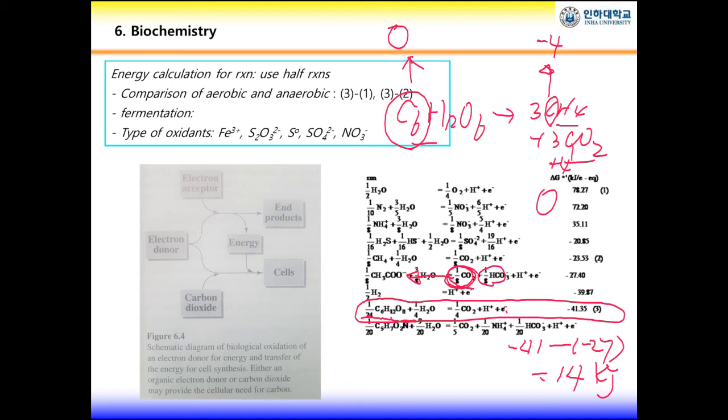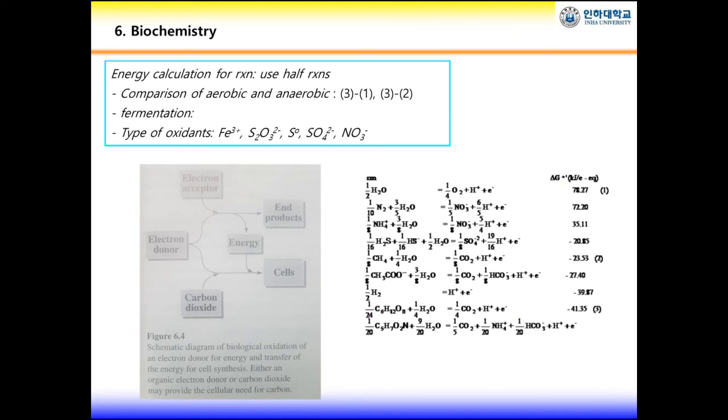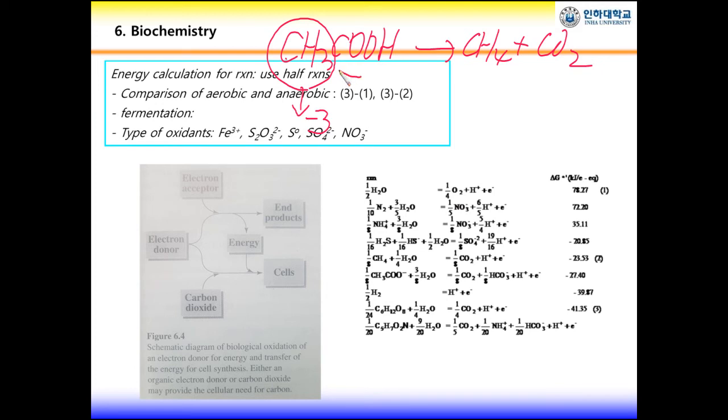I think this one is not a good example. Okay, let's do this. Acetate to methane and carbon dioxide. Calculate the oxidation number of this carbon is going to be -3, and this one going to be +3.